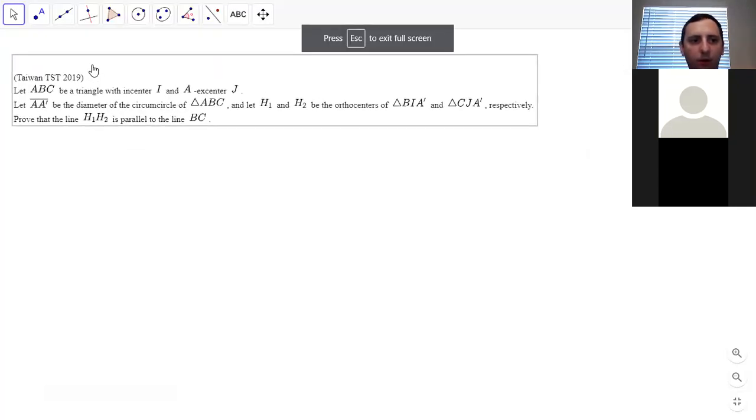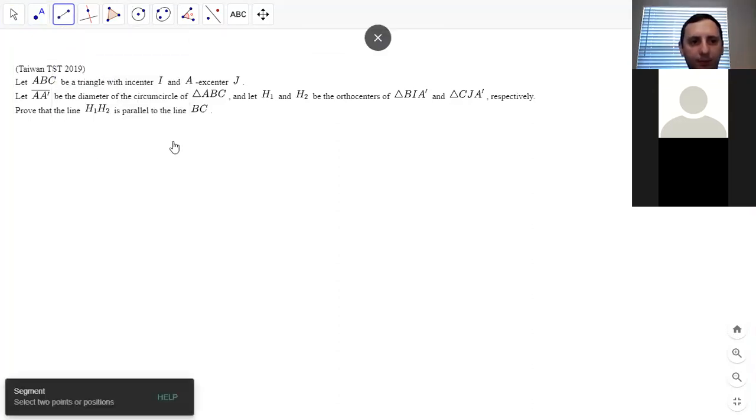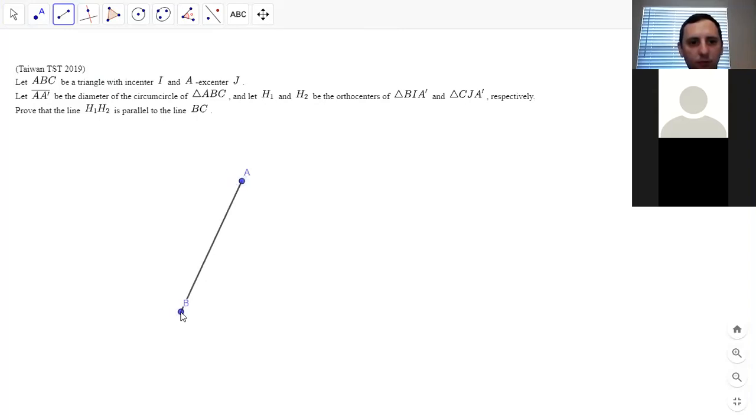Okay, so we have a triangle with in-center I and A-excenter J. Another in-center and excenter problem.